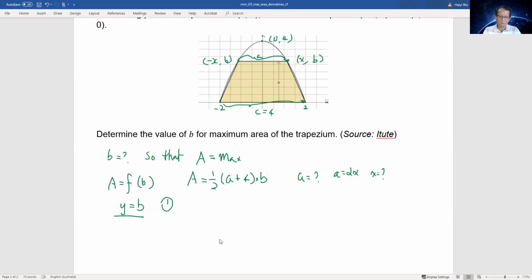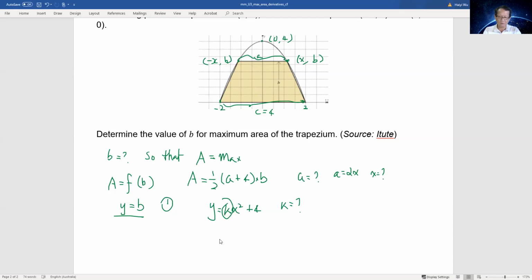It is y equals kx squared plus 4. Why 4? Because 4 is the y-intercept, which is already given. So we need to find k, and then we can easily find the parabola equation.